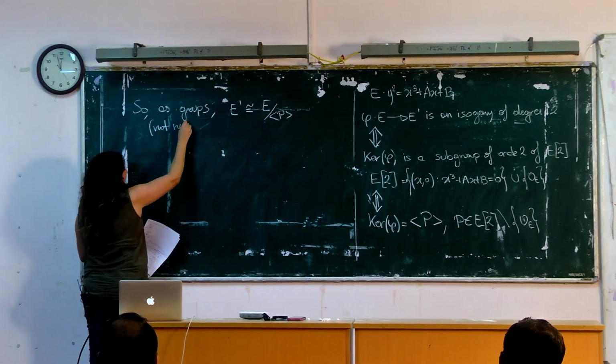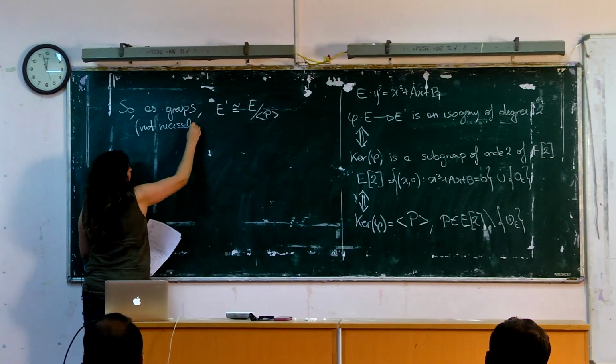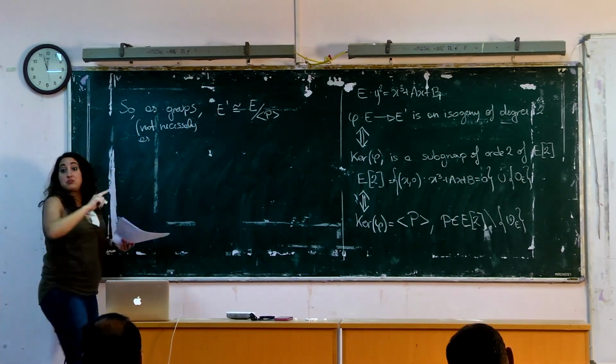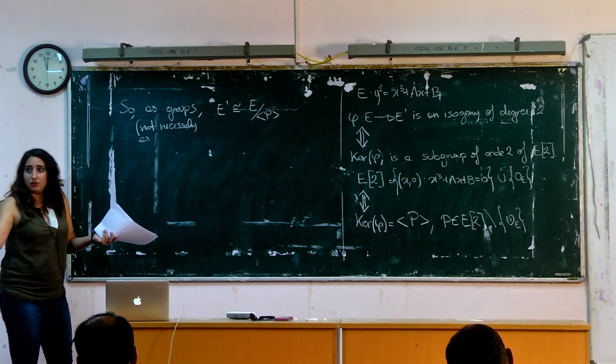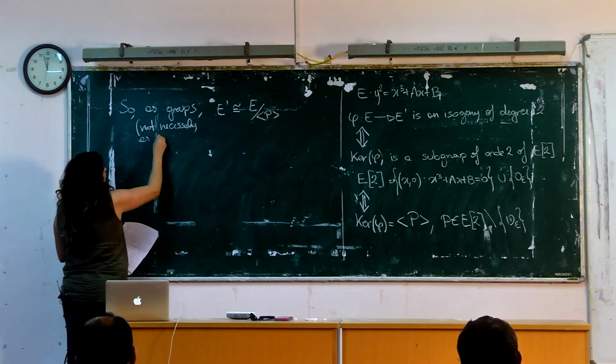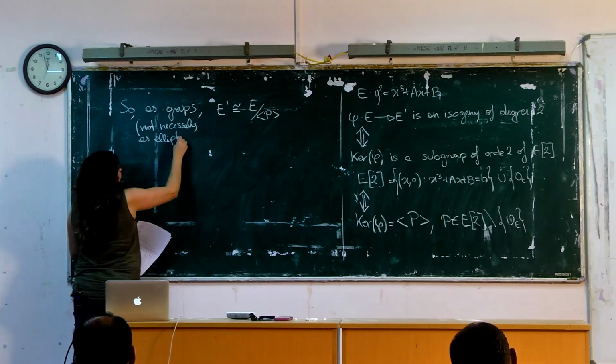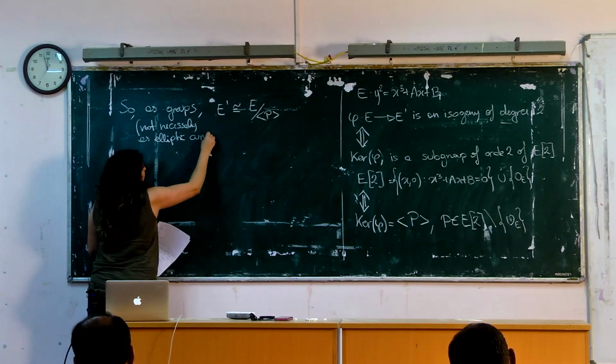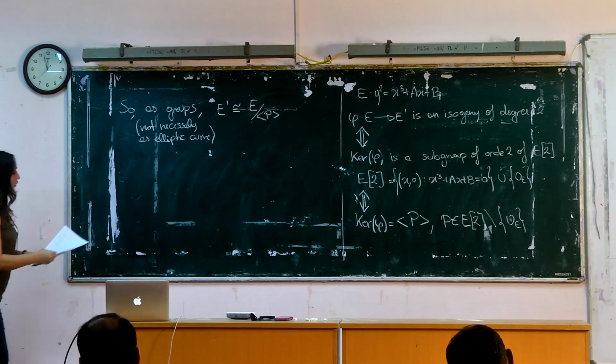Not necessarily as elliptic curves, because they may have different J invariant, right? So not necessarily as elliptic curves. So what happens here?